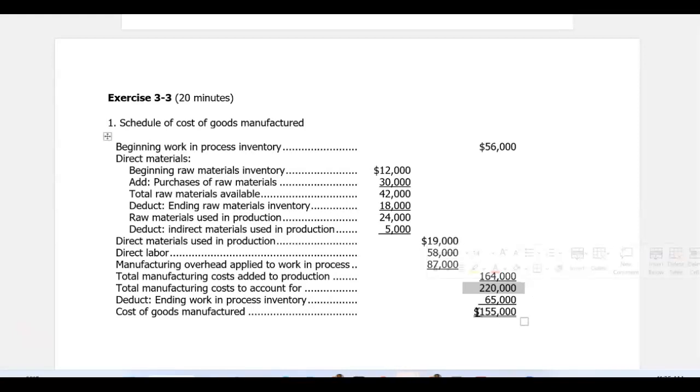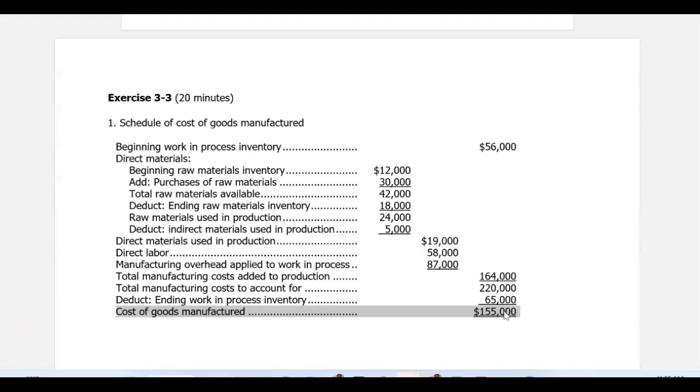And then you say, okay, what was the ending work in process inventory, which is 65,000. Therefore, you can easily calculate the subtracted, and that's the cost of goods manufactured. That means cost of goods manufactured has been subtracted from work in process and transferred to the finished goods.